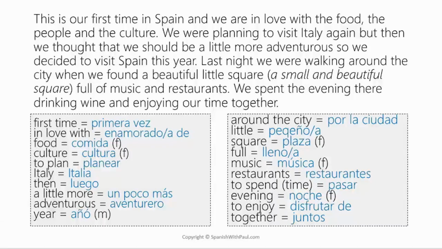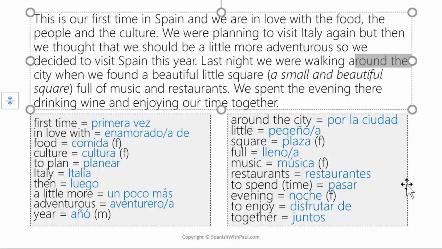And then adventurous. This can again either be aventurero, or aventurera. Then the word for year is año. This phrase around the city right here is por la ciudad.